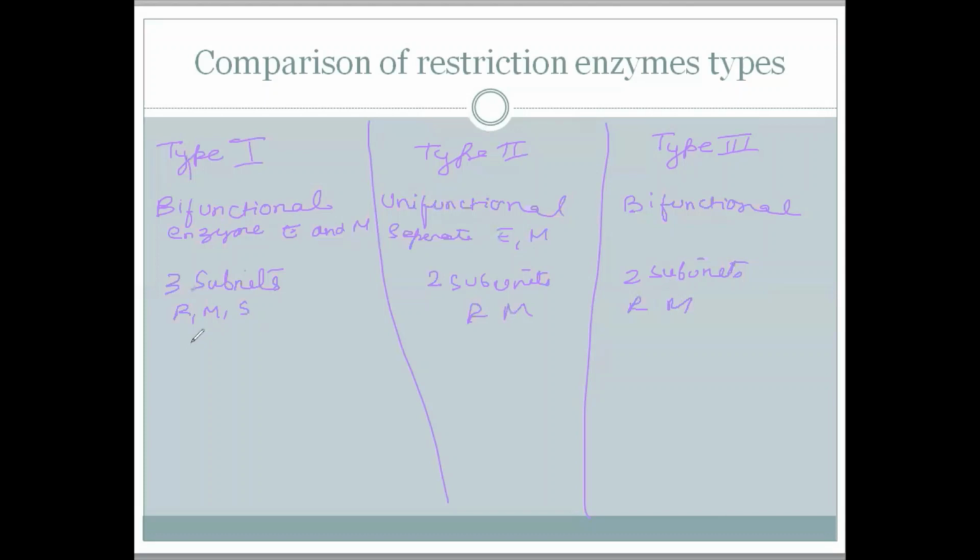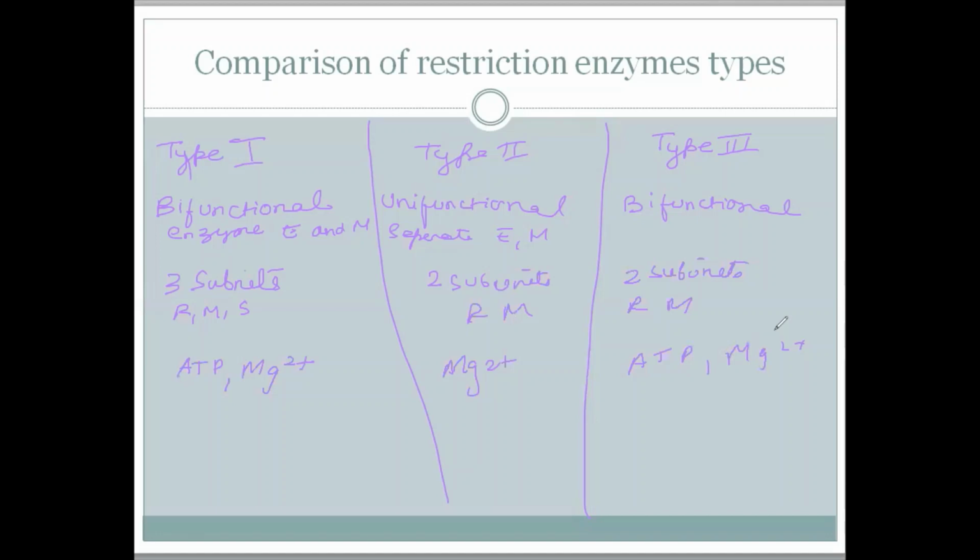Type 1 requires both ATP and magnesium. I'm not writing S-adenosyl methionine here because some require it and some don't. Type 2 only requires magnesium, but type 3 requires ATP and magnesium.